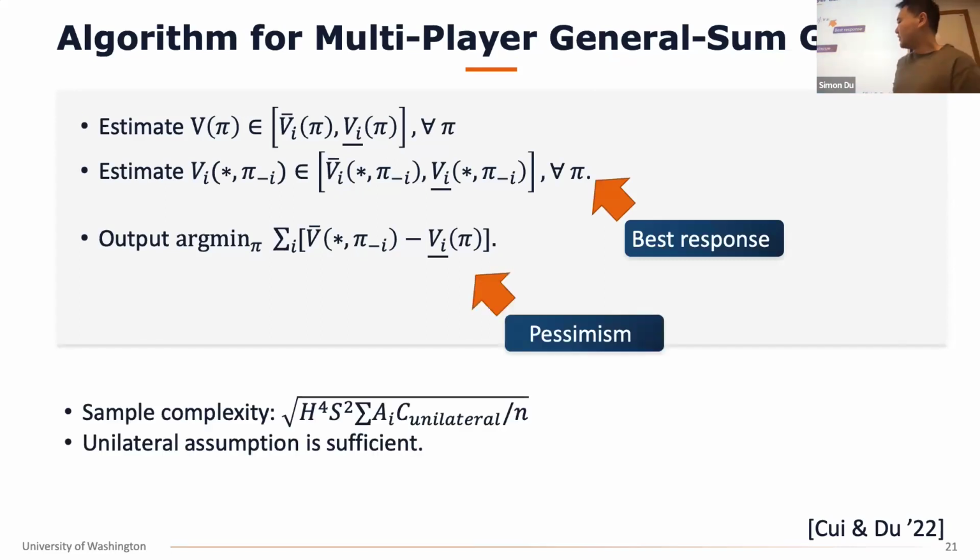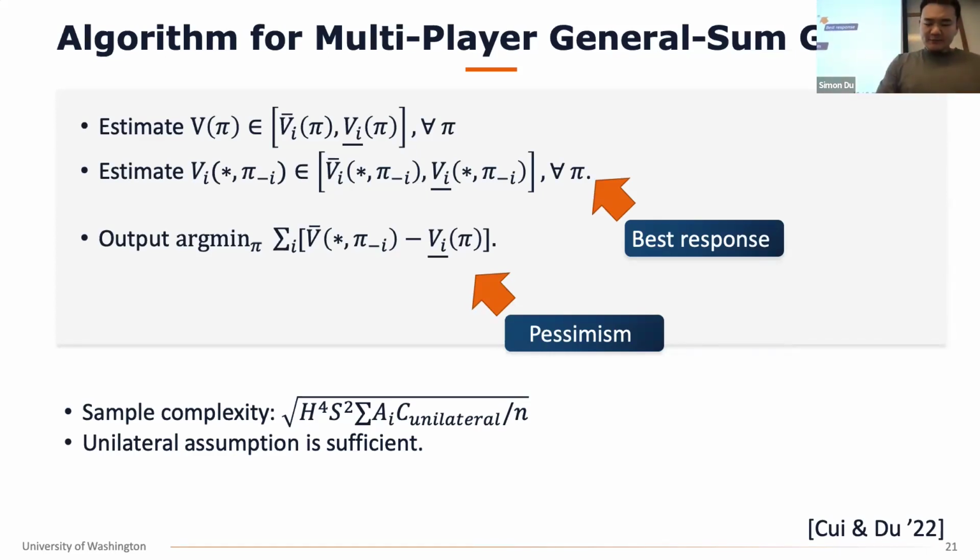And again, in theory, we can show that it scales polynomially with the planning horizon, the state space, the number of actions, and this C unilateral coefficient, which can be exponentially large, but in the benign case, it can be polynomially small. And it shows that if the C unilateral is bounded, then this is sufficient. And the bound is not tight, so it's still open whether you get a tight bound here.